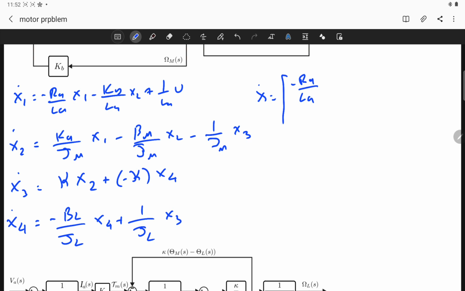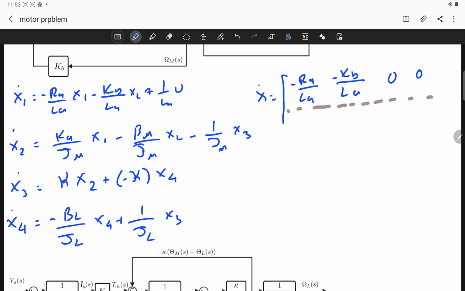It depends on x2 with minus KB divided by LA. It doesn't depend on x3, it doesn't depend on x4, it depends on u. So it is equal to 0, 0. So this is the A matrix. We don't have space for the B matrix, but we will open it later.